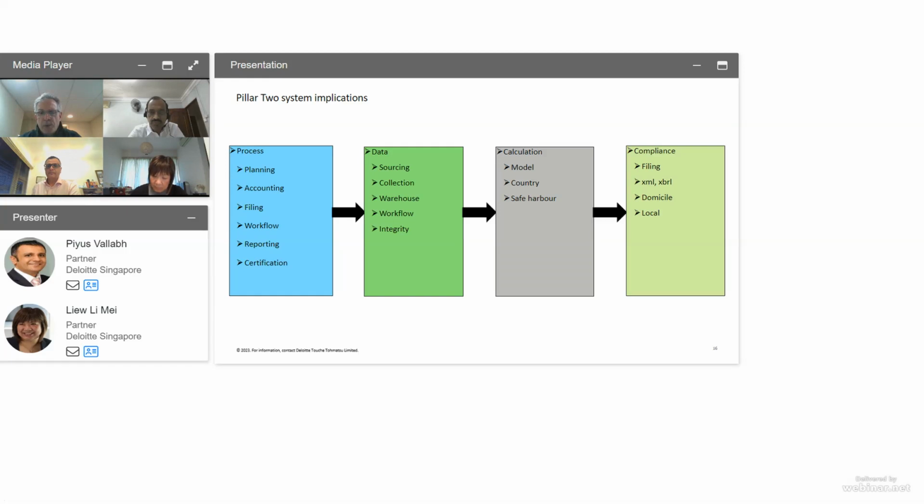From a data perspective, sourcing data from your tax work papers, from your tax returns, from your financial applications, that can be a very challenging process. So data collection can also be challenging if it's data collected throughout the world. And then many companies I've spoken to have talked about creating a warehouse of data for Pillar 2 specifically.